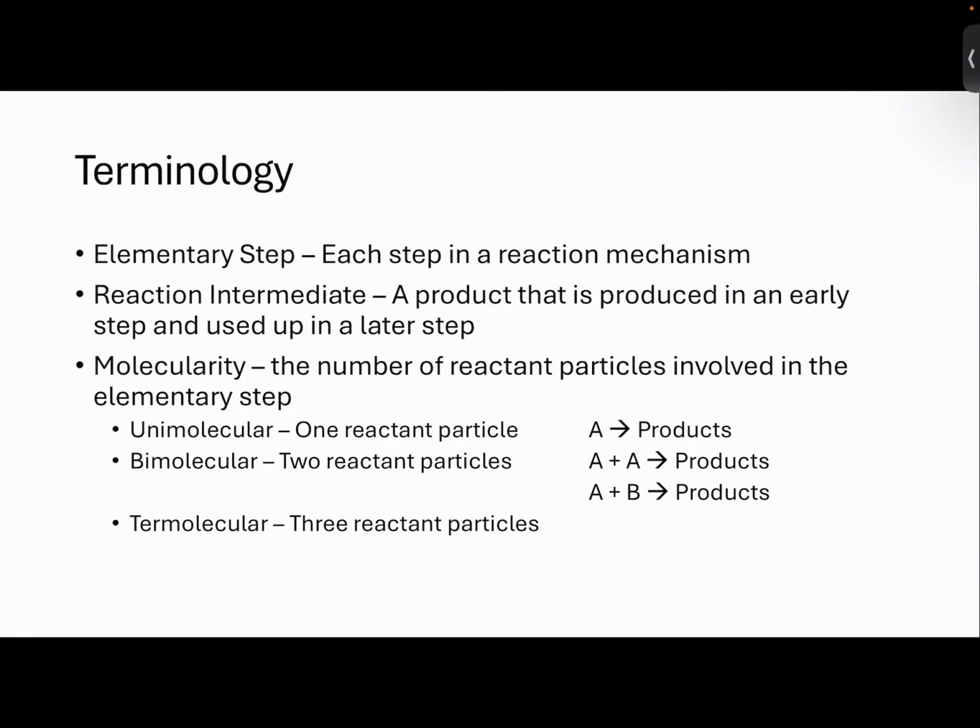In the previous example, I was able to eliminate the HI. The HI is referred to as an intermediate. Intermediates are substances that are products in early steps that are later used up as a reactant in a different step.